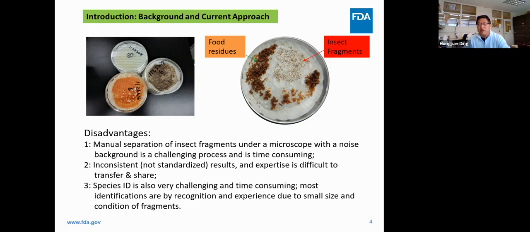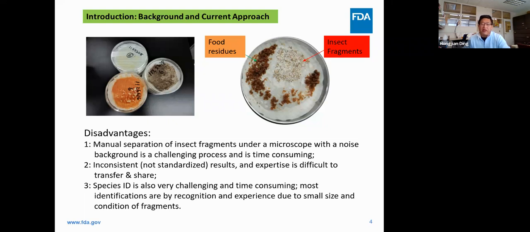Sometimes food skin, like seed skin and fruit skin, is very similar to insect fragments. If you don't have any experience, you probably cannot separate them. With more experience, you will better recognize which part is the insect fragment and which part is not. So that expertise is also very difficult to transfer from one person to another.